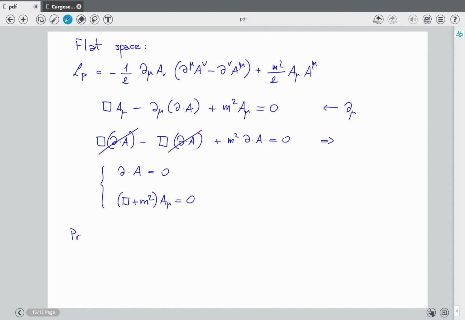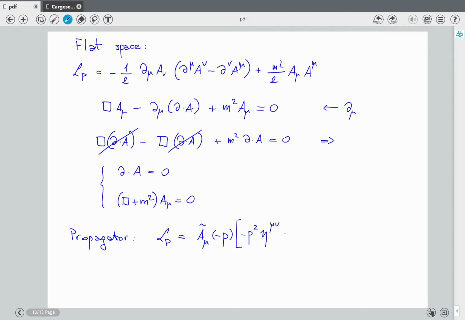Let's check the propagator. The quadratic part of the Lagrangian in Fourier transform is A_μ of p times minus p² η^{μν}. When you use an integration by parts, you cancel this minus, and then you have a box, but a box is minus p² in Fourier transform.